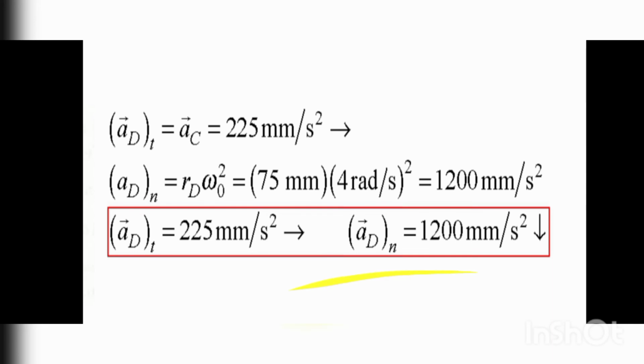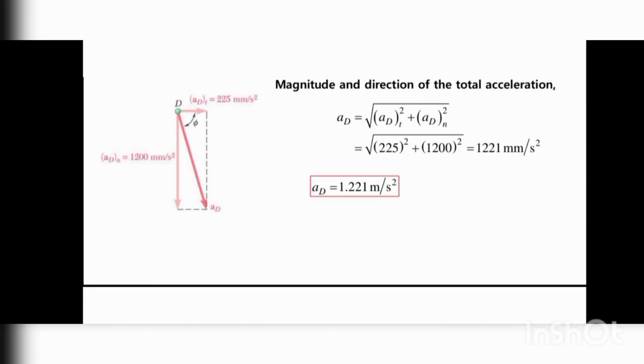So now, the magnitude and direction of the total acceleration. All we have to do is substitute, and the answer is 1221 millimeter per second squared. If we convert it to meters, the acceleration of D is equal to 1.221 meter per second squared.